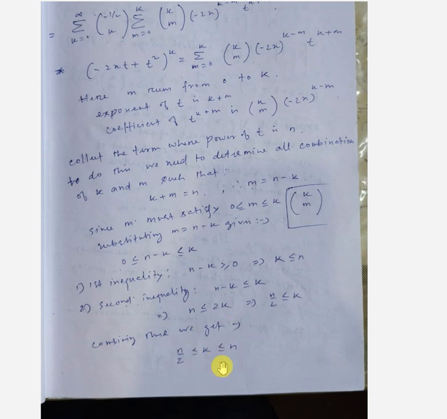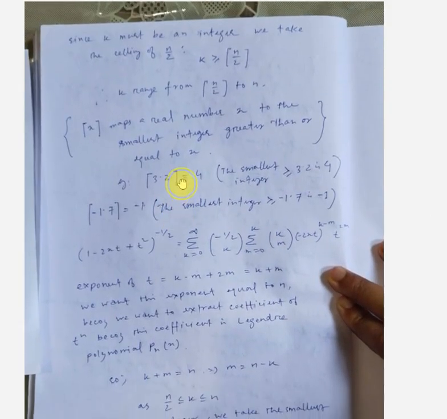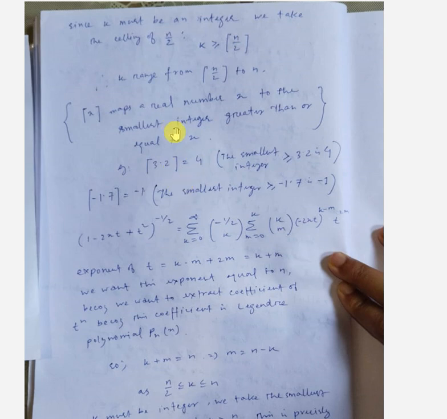Combining these two, k must be between n by 2 and n. So k must be an integer where we take the ceiling of n by 2. K ranges from n by 2 up to n.